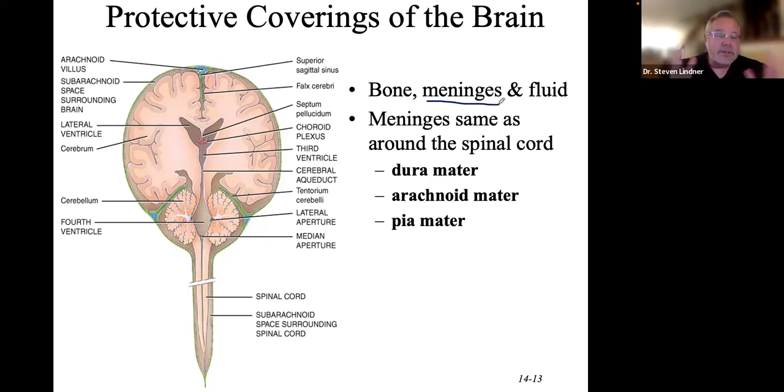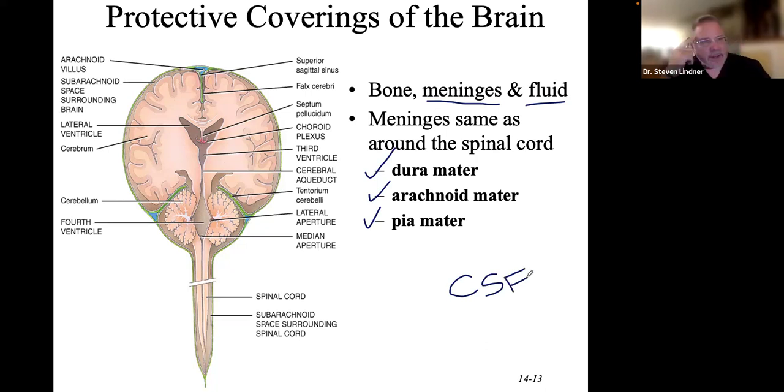And the meninges are the same exact meninges that protect the spinal cord, which are the dura mater, the arachnoid, and the pia mater. So from a soft tissue perspective, it's going to be those meninges and fluid. And when we talk about fluid, we are referring to cerebral spinal fluid.